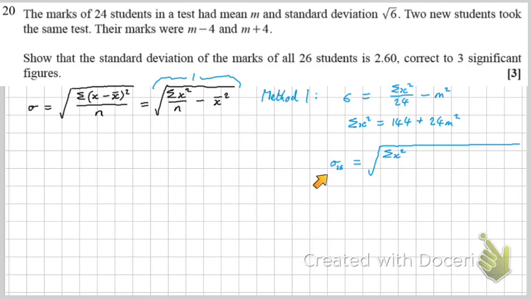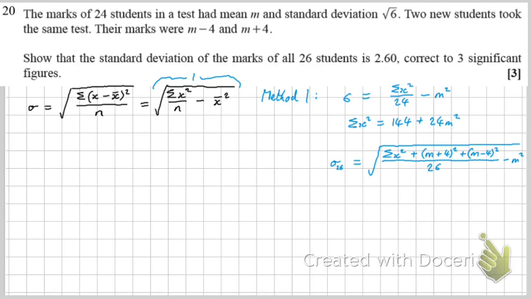So if we're using a standard deviation formula for 26 pieces of data, we need to add the squares of the new pieces of data on. And the new pieces of data are these. So if we add those squares on, that's our new sigma x squared, if you like. Divided by 26, and then we need to take away the new mean squared, but we've already decided that the new mean is also just m.